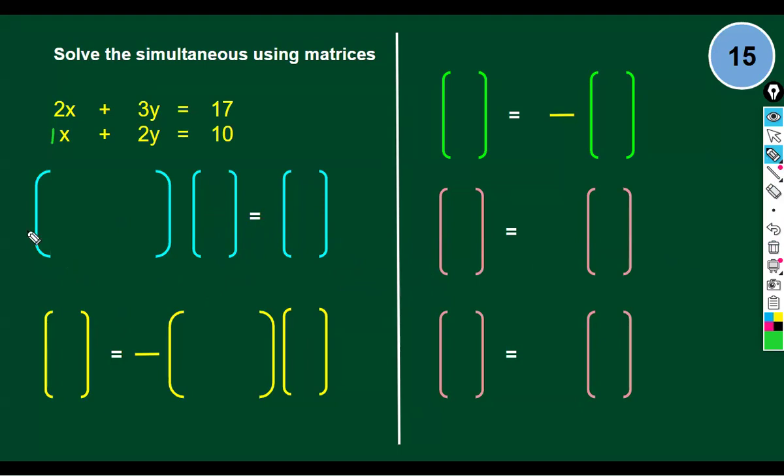Tell me if you see a pattern here. Over here it is 2, 3, 1, and 2. So we put 2, 3, 1, and 2. In other words, the values touching X and Y, we extract them. We pull out the numbers and we put them in the same order we see them. The 2 and 3 are on top, and the 1 and the 2 are underneath.